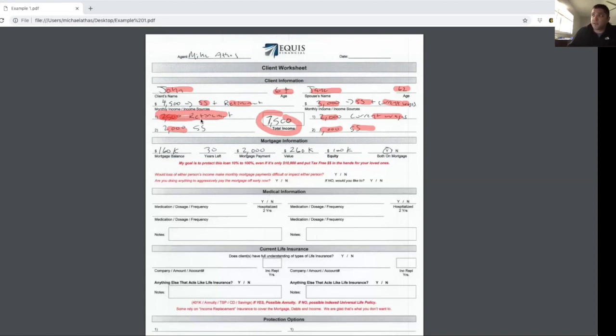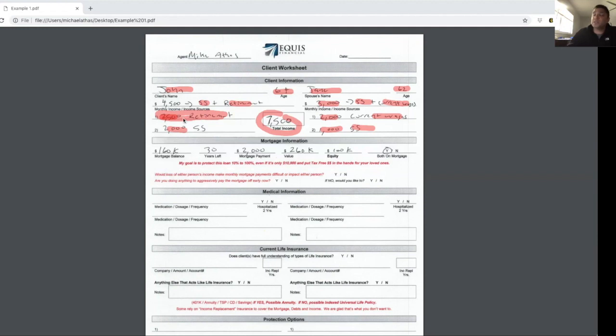Guys, if you don't know what survivorship is, basically it means if you have a retirement plan like a pension or 401k or IRA or something like that, and you have survivorship on that asset, when you get your monthly distribution of it, you're going to get a substantial amount less if you have survivorship, because it's going to pay out for both the husband and the wife in this case. So if they say, yes, I have survivorship, odds are they have survivorship.